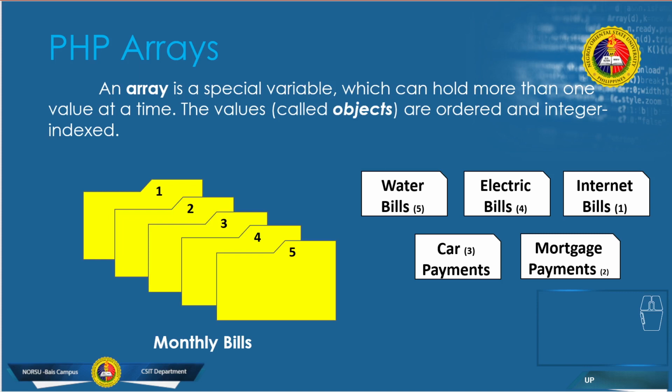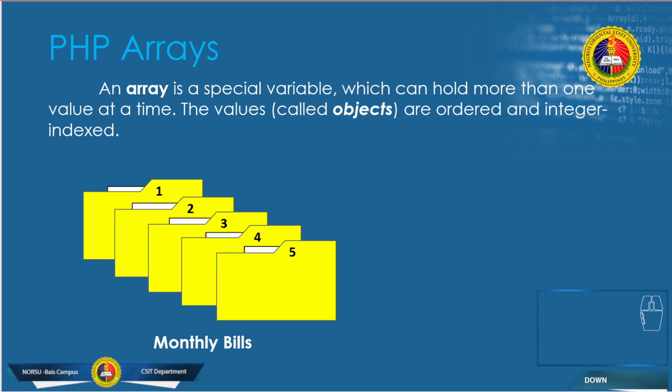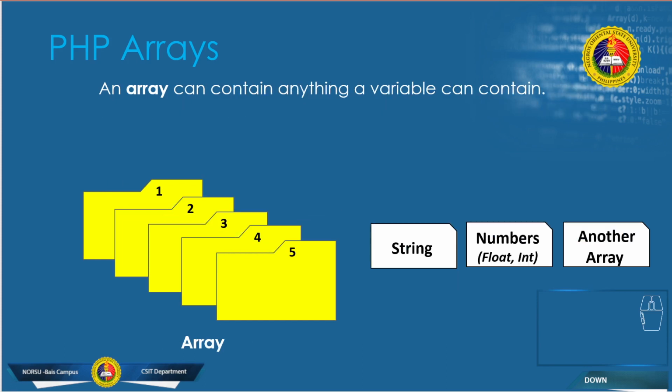Okay, so that is an example of an array. So now let's move to much more understandable, let's say, programming terminologies. Again, this is an example of an array. An array can contain anything a variable can contain. So basically, it's just going to be similar with variables, but an array can have multiple values.